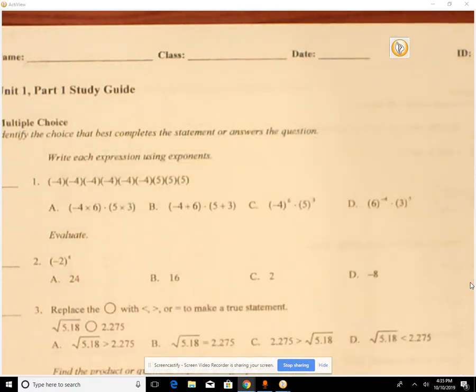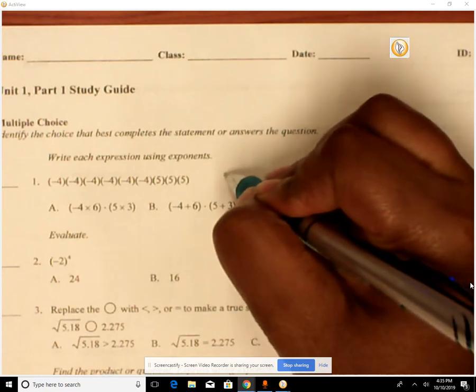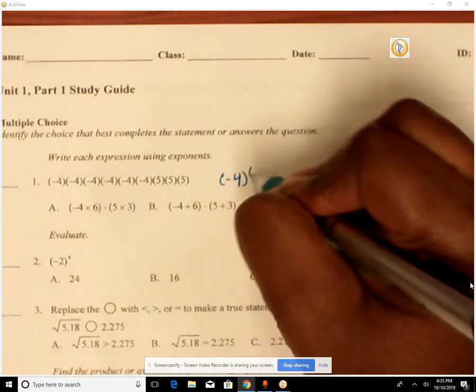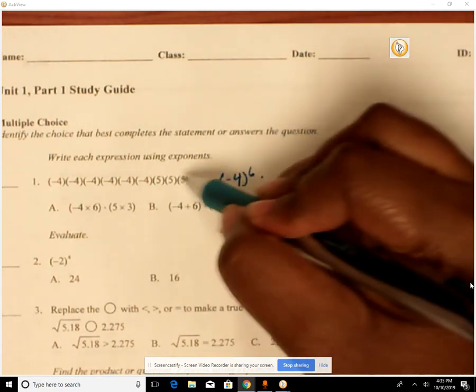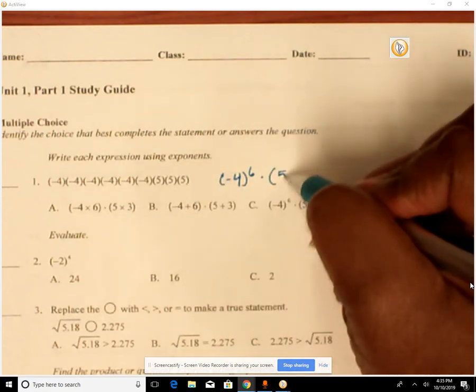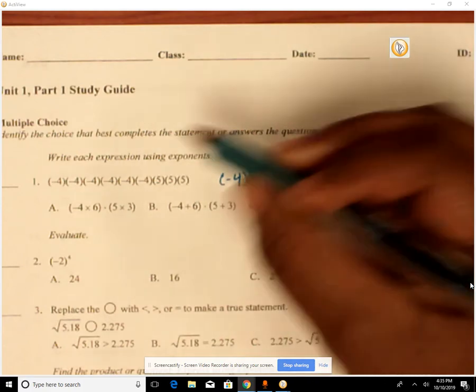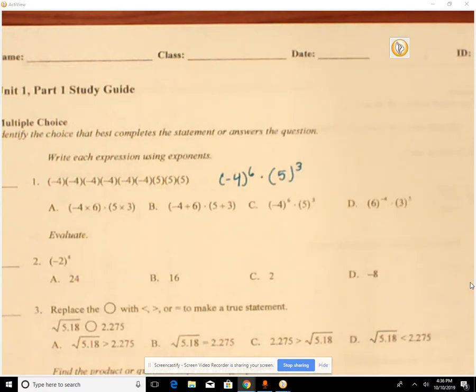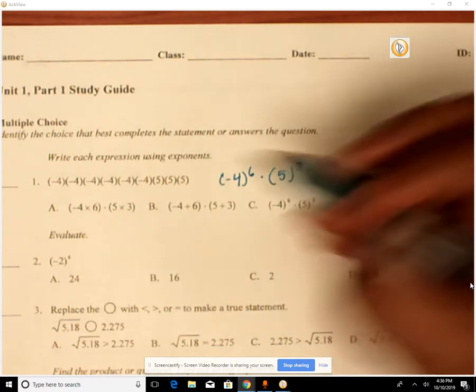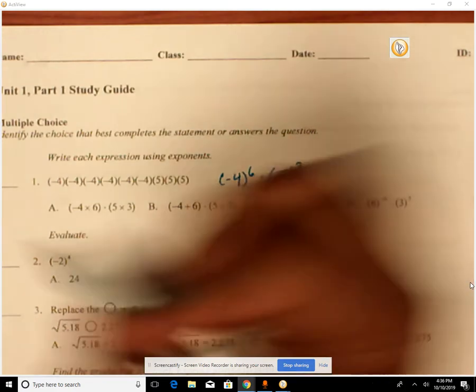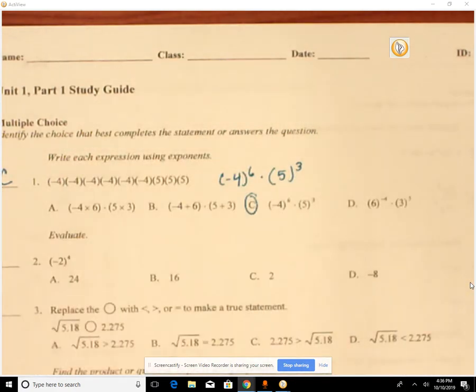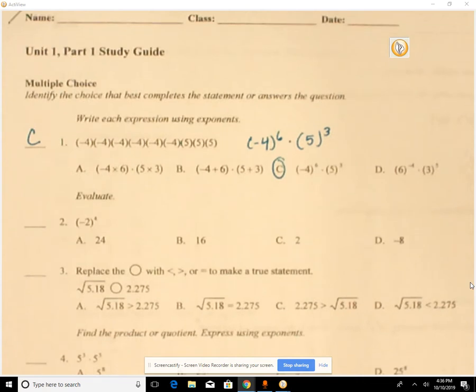So -4 to the 6th power times we have 1, 2, 3 fives. So which answer looks like what we wrote down? Well, C. C is the correct answer.